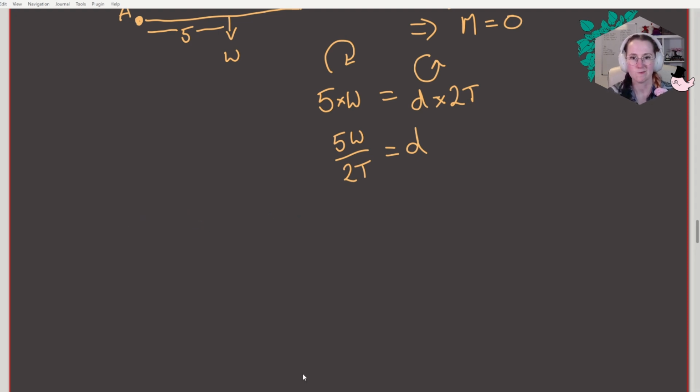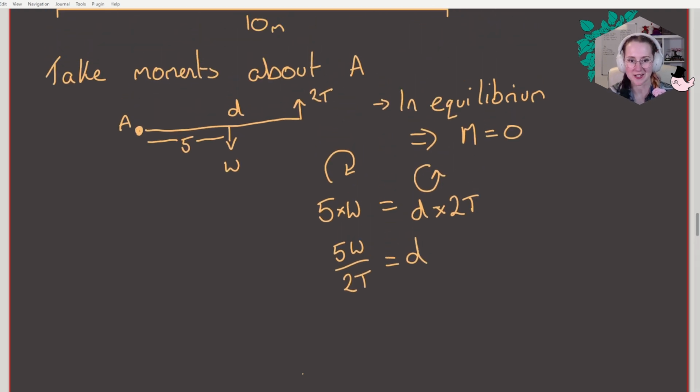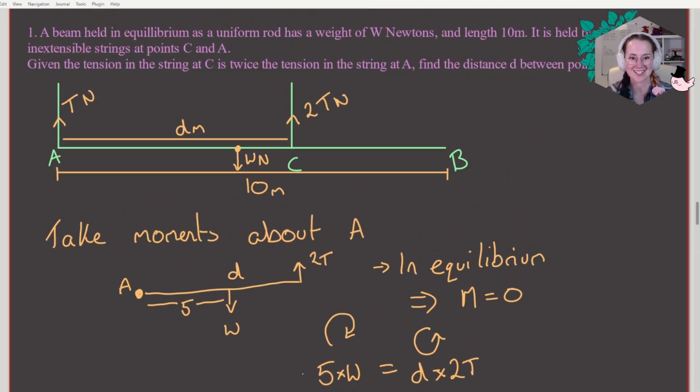We don't. So we need simultaneous equations to solve this. And the reason that I'm pausing is because I drew that the center of mass was in between this length D. I assumed that D was bigger than 5. That could be wrong, and it could be over here.